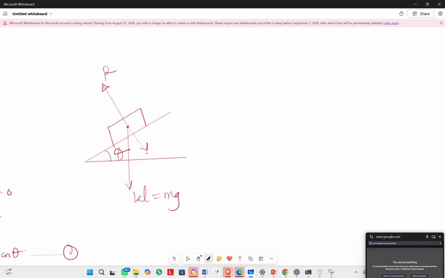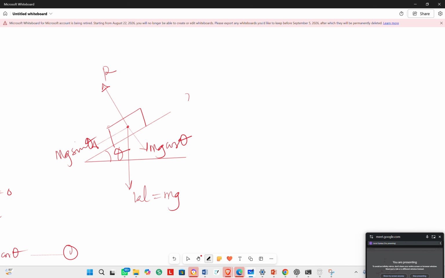There is a resolution of this weight at this point: that one is mg cos theta. And then there's a weight component acting down the slope, that one is mg sin theta.